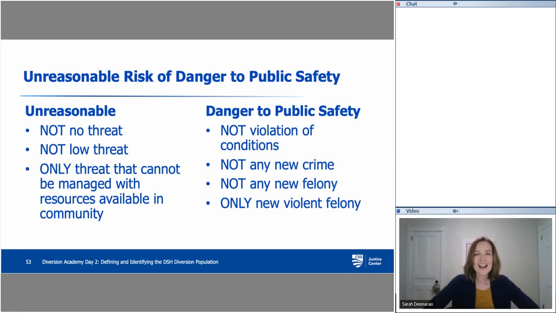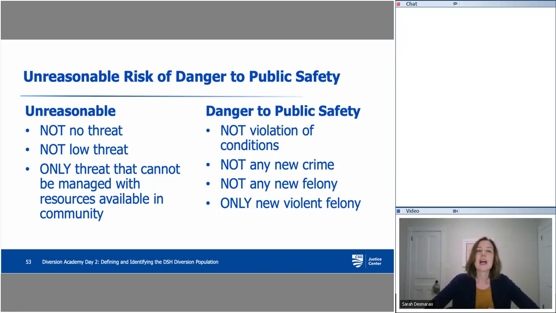Here, just to really drive home this point, I wanted to talk about the two components. Unreasonable doesn't mean that there is no threat, and I think Deb actually introduced this idea in one of her responses during a previous panel today too. It's not that there isn't going to be some level of risk, or even that we don't expect some level of recidivism. It's not even that it's a low threat. What we're saying is that it is an unreasonable threat.